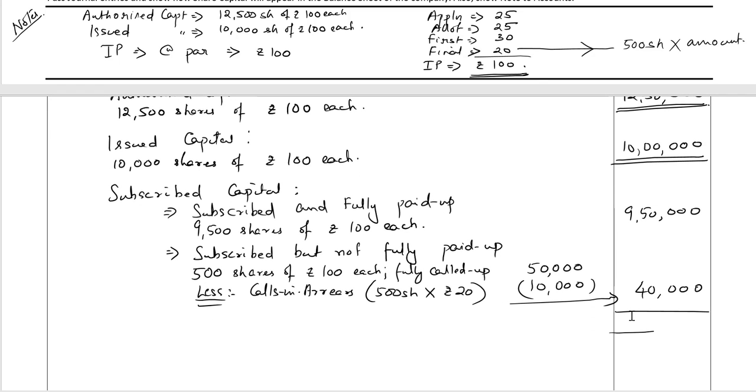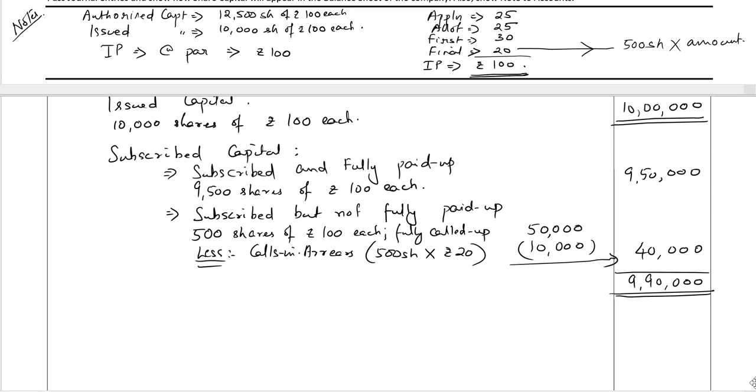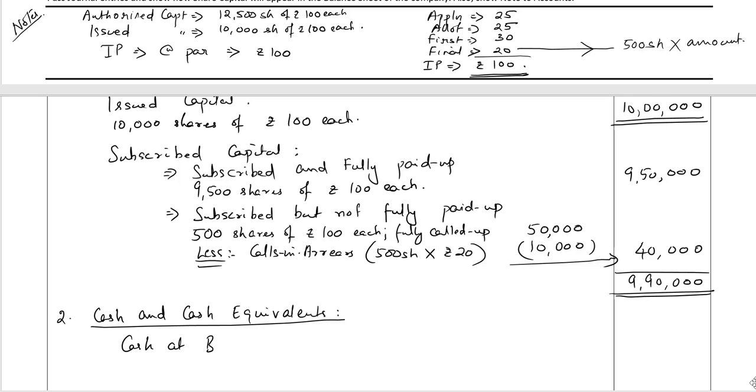And the amount to be shown against share capital in the balance sheet is 9,90,000 rupees, which is 9,50,000 plus 40,000 rupees. We'll go to note 2, cash and cash equivalents. Cash at bank, the amount received by the company, 9,90,000 rupees.